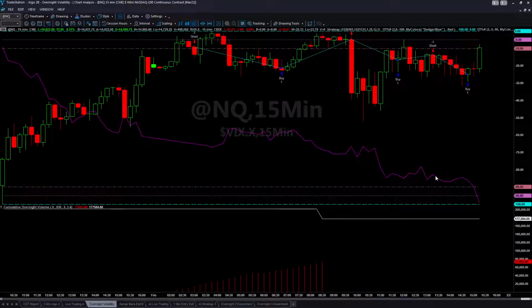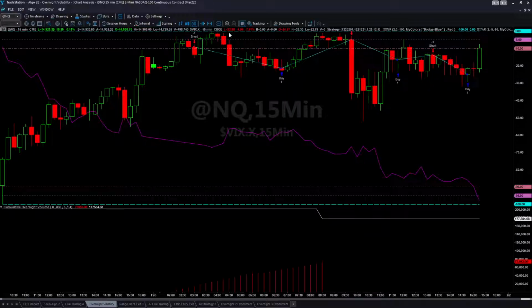Wow. Super interesting. VIX is down to 22 again. Whenever the VIX is below 25, the market enters a cycle mode.